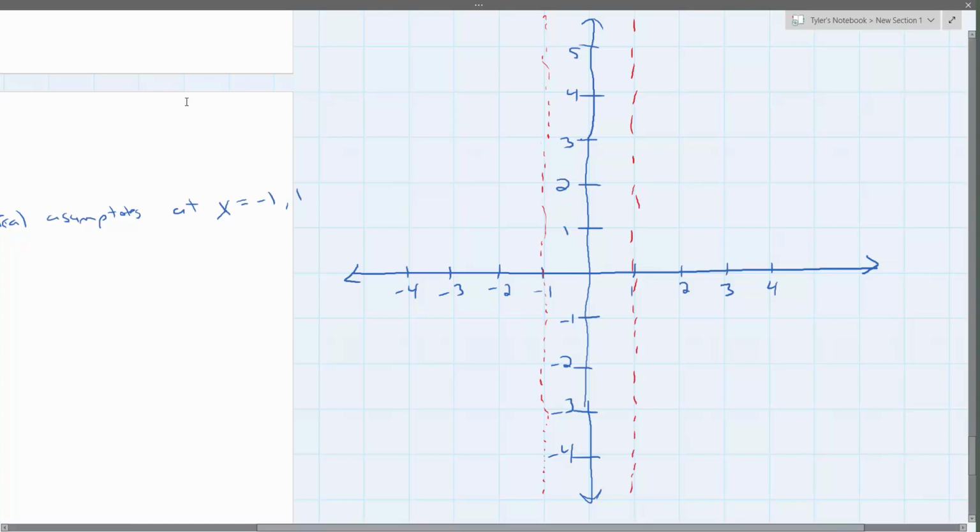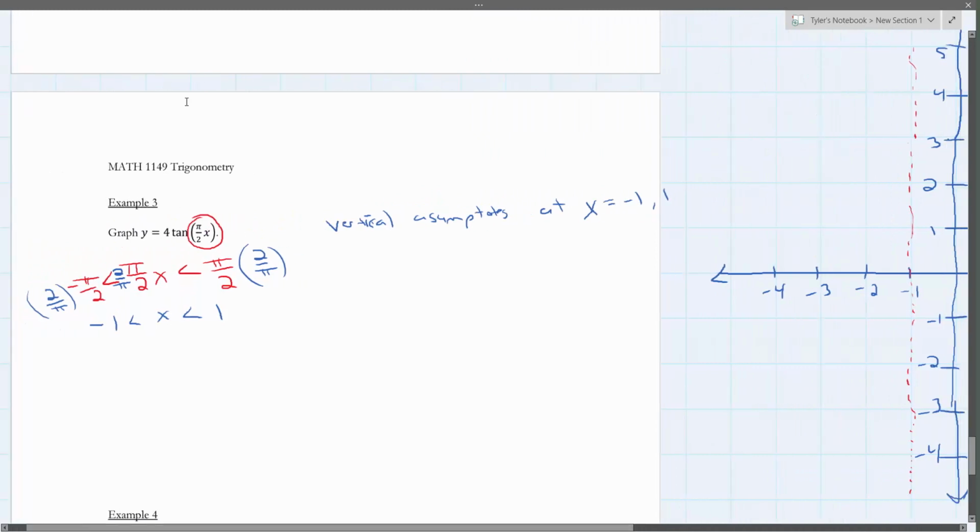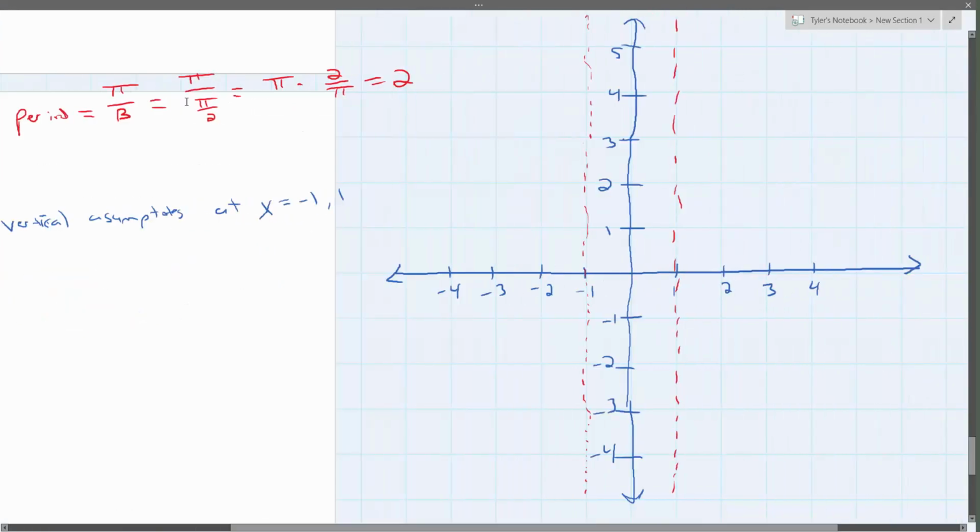Right? And then if I figure out the period, I could figure out where those are, right? So the period, remember, is pi divided by b. My b value in this function is pi over 2. So if we take pi divided by pi over 2, we get pi times 2 over pi, which is 2, right? So my period is 2, which makes sense because I have 2 units in between these red tick marks already.